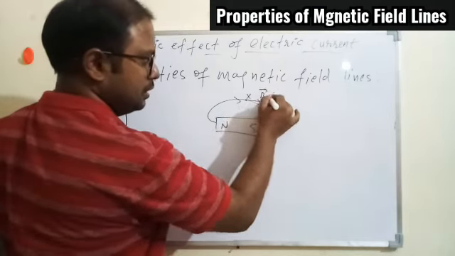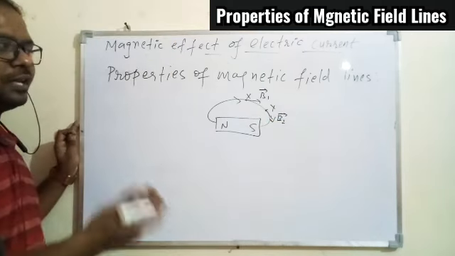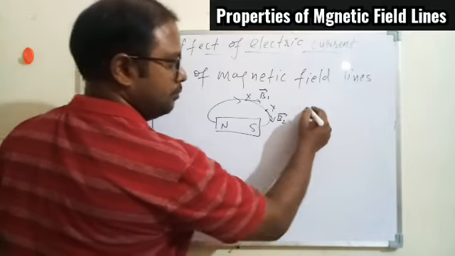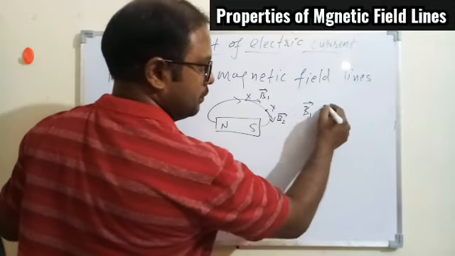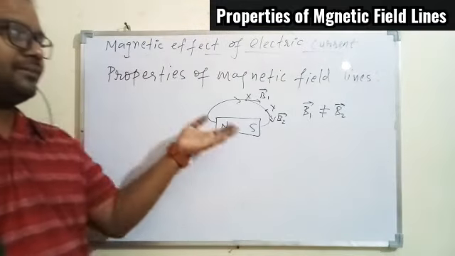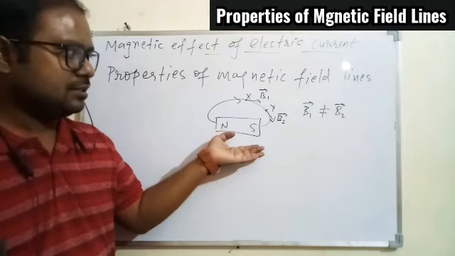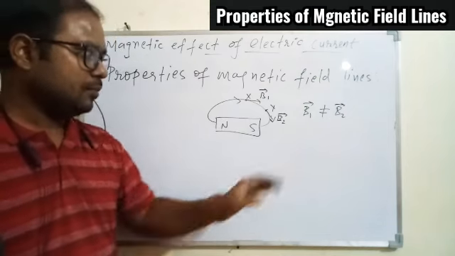If I say this is B1 and this is B2, since B1 and B2 have different directions, it is understood that B1 cannot be equal to B2. Why? Because they are facing different directions, and with a change in direction any vector quantity will change. That is another thing you have to remember.